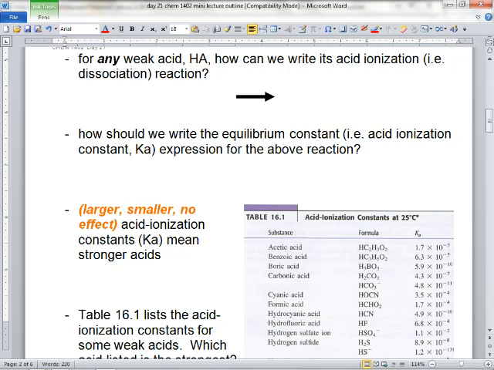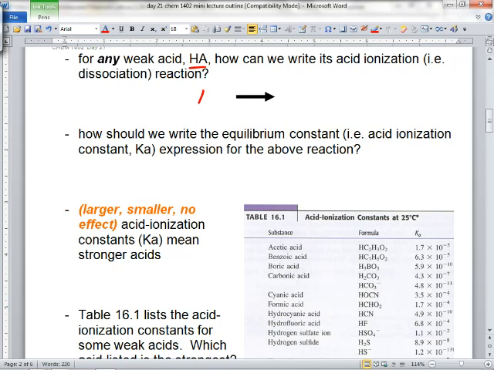Okay. Bobby, I am calling any weak acid HA. And I just want to write a general reaction for this HA. I want to write how it dissociates. It's called the dissociation reaction. It's also called the reaction where you always get H plus and its conjugate base. So Bobby, if I'm starting out with HA, how would I write this acid ionization reaction for this weak acid HA?